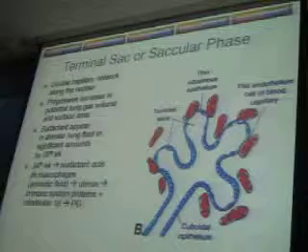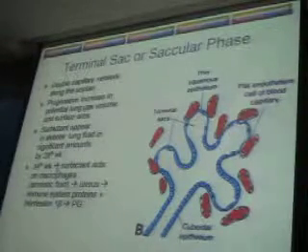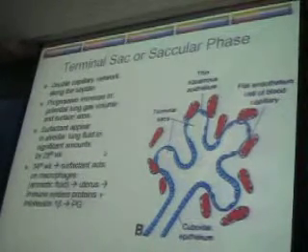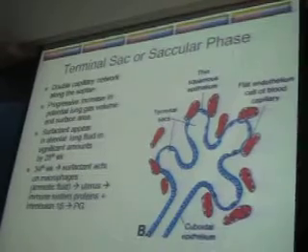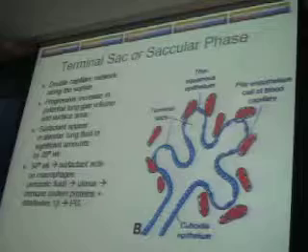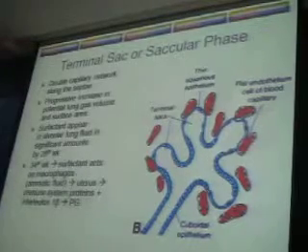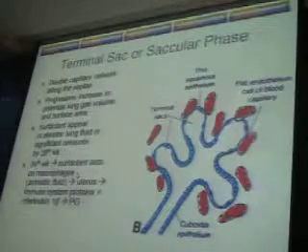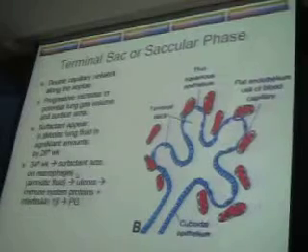Now, at about the 34th week of gestation, or about 2 weeks before birth, your surfactant acts on your macrophages, which Dr. Domingo named as your dust cells. Okay?